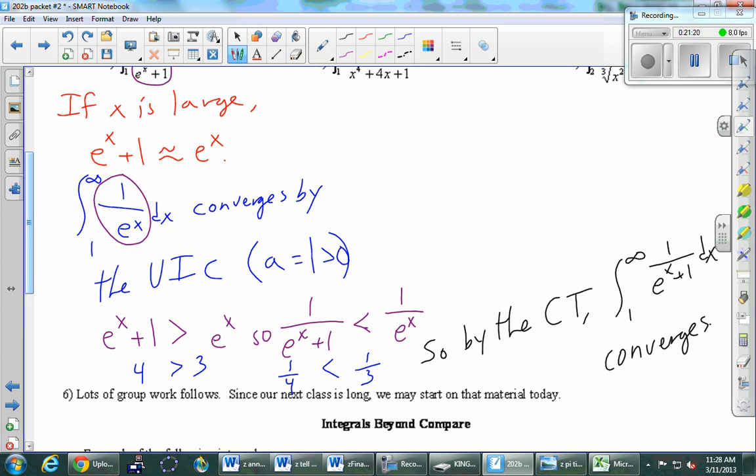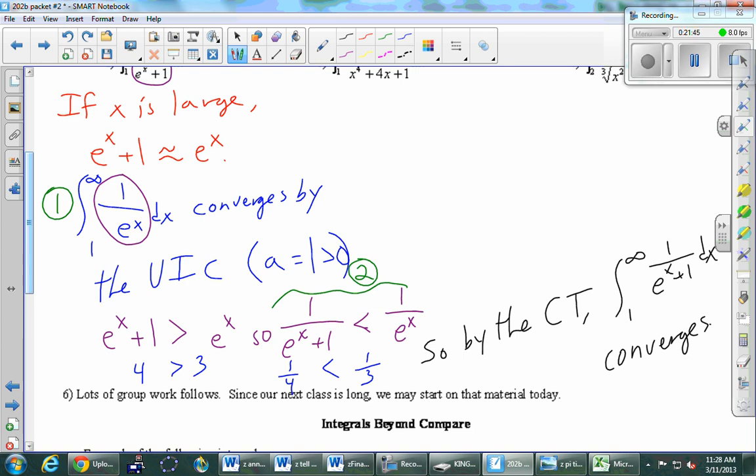So I'm looking for three distinct pieces. One, you've got to find an integral that you know the behavior of. So this 1 over e to the x, we knew it converged from that useful integrals list. Two is this piece right here, where you compare the thing you are interested in, the original, with the thing that you know something about, right?